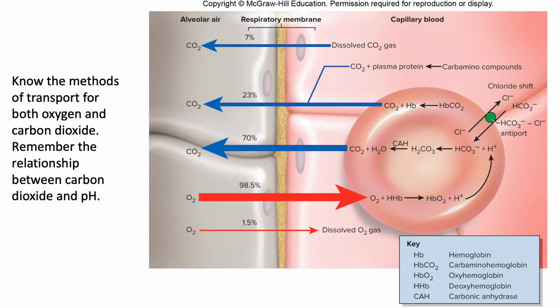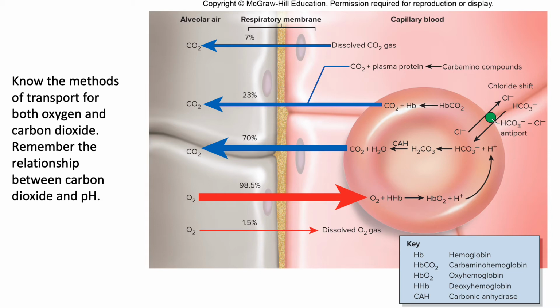So you see the exact opposite occurring within the alveoli. The oxygen within the inspired air is diffusing across the respiratory membrane and binding with hemoglobin to become oxyhemoglobin, which is, again, releasing that proton to recombine with bicarbonate to become carbonic acid, and eventually carbon dioxide and water.